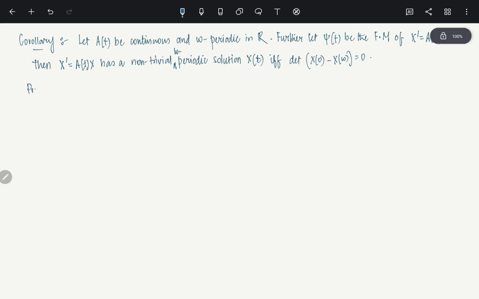Let's look at the proof of that. Proof. For this problem, the general solution of x prime equals to a of t times x, let's call it x g, is nothing but, if you remember, psi of t times c, where psi is an n cross n fundamental matrix and c is an n cross 1 constant matrix.